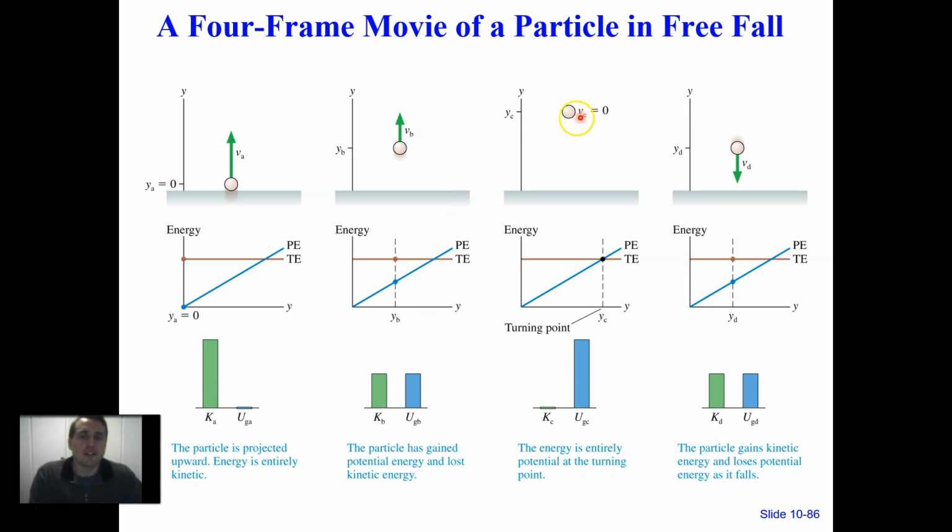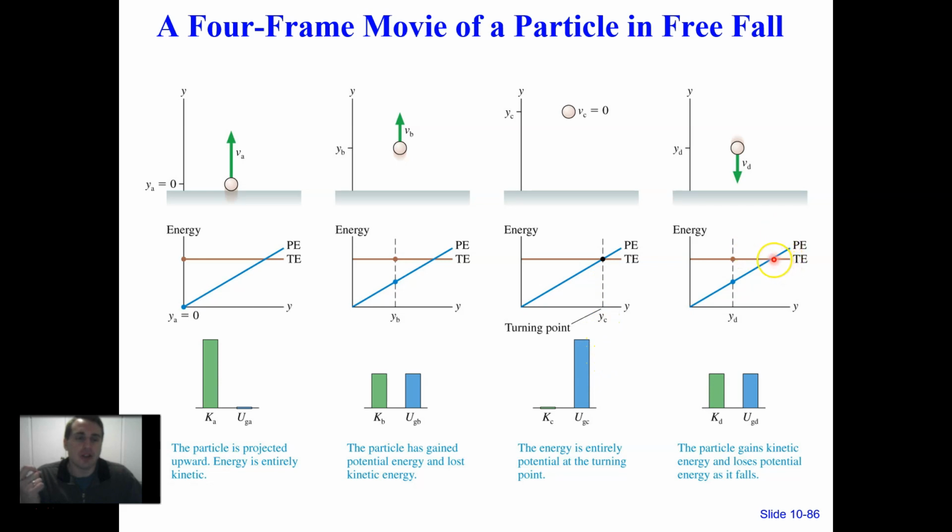When the ball reaches its final height, let's call it yc, the potential energy is equal to the total energy. Notice the kinetic energy is 0, and we've reached the turning point. So if you're plotting an energy versus position graph, the turning point is just where the kinetic energy is equal to 0, or you could say the potential energy equals the total energy and the object should change direction.